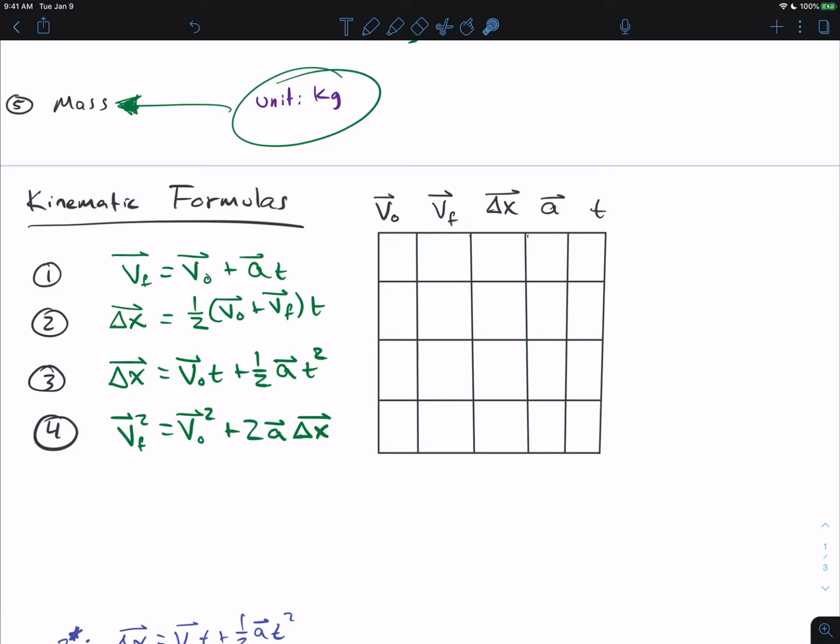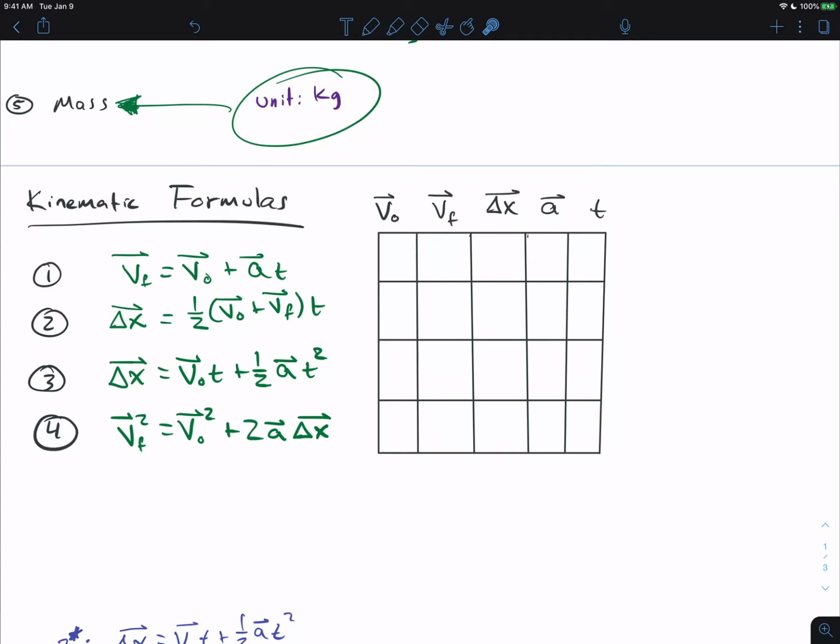So the reason why we're doing this is actually because we have 5 different pieces of information that'll describe pretty much any type of motion if we have constant acceleration, right? It's really powerful. But if I had one formula that had all 5 of these things, then I would need to know 4 of these things in order to find the 5th one.